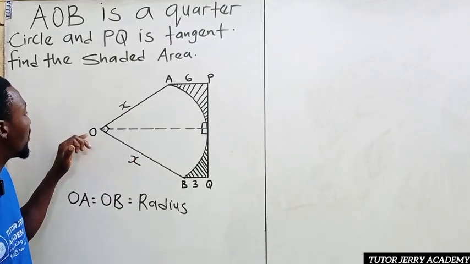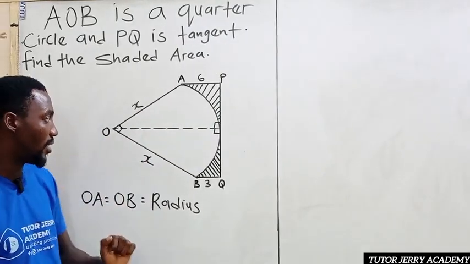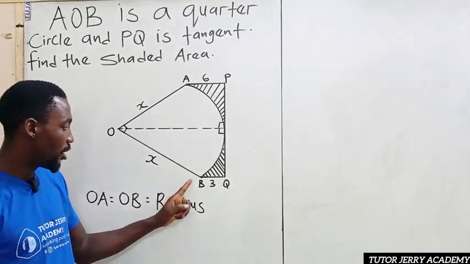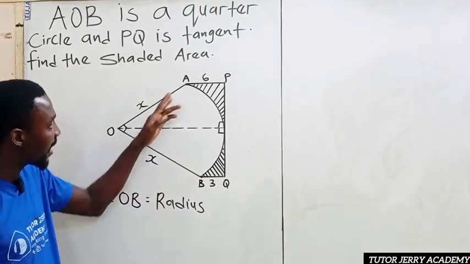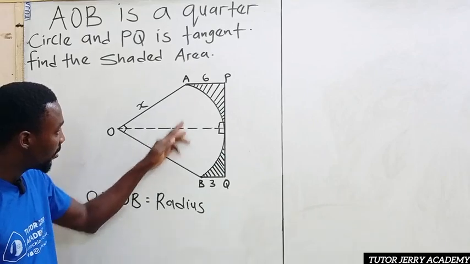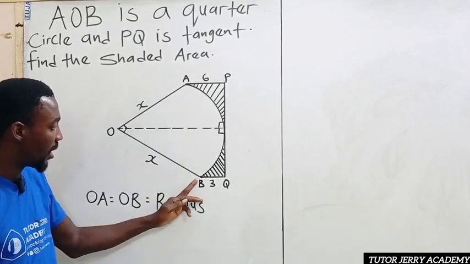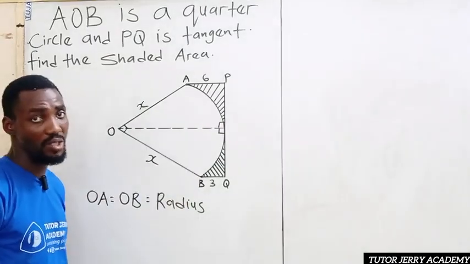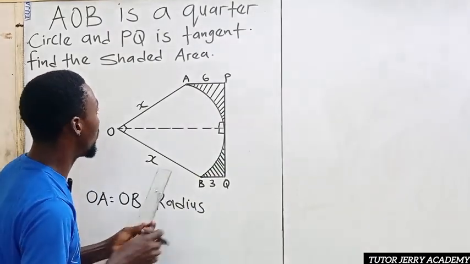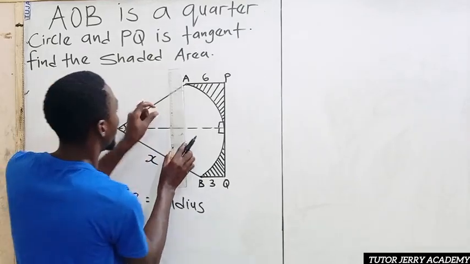Because I have noted that from this point to this point is a radius now, I can decide to also draw a line from this point to this radius and also draw a line from this point to this radius. If I do that, I'm going to have something like this.